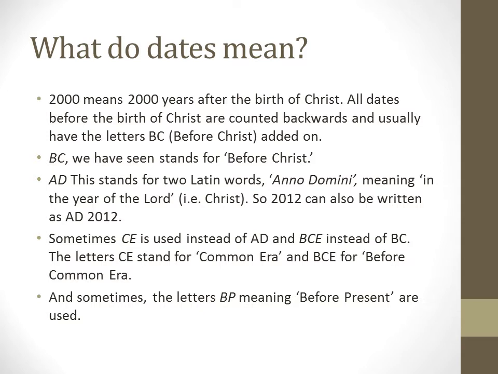The letters CE stand for Common Era and BCE for Before Common Era. We use these terms because the Christian era is now used in most countries of the world. In India, we began using this form of dating from about 200 years ago. And sometimes the letters BP, meaning before present, are used.